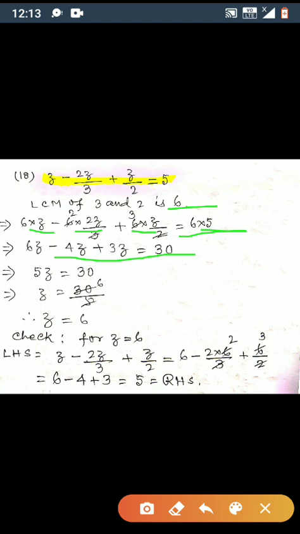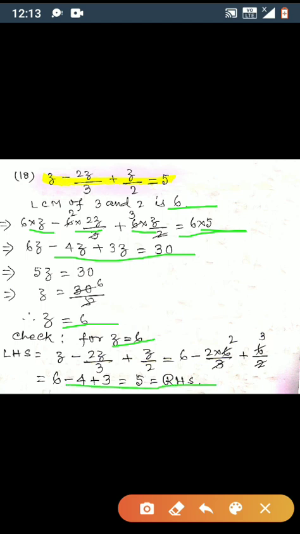It can be written as 6z minus 3 times 2 is 6, 2 times 2 is 4z, plus 2 times 3 is 6, plus 3z equal to 30, equal to 6z plus 3z is 9z, 9z minus 4z equal to 5z equal to 30. It can be written as z equal to 30 by 5. 5 times 6 is 30. Therefore z equal to 6.